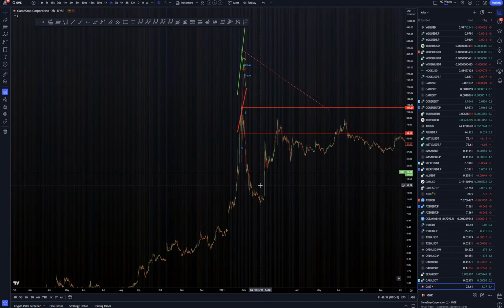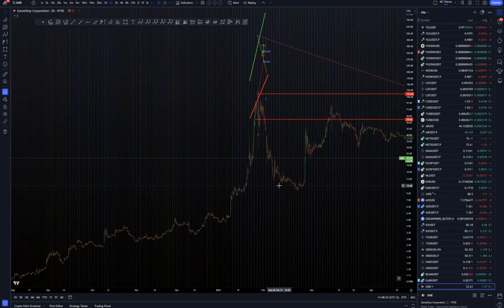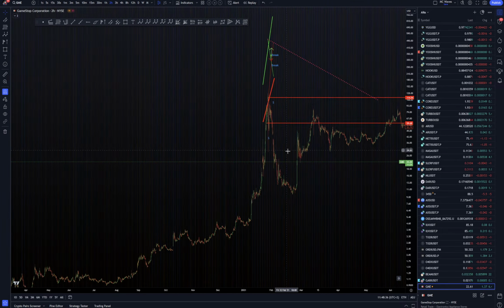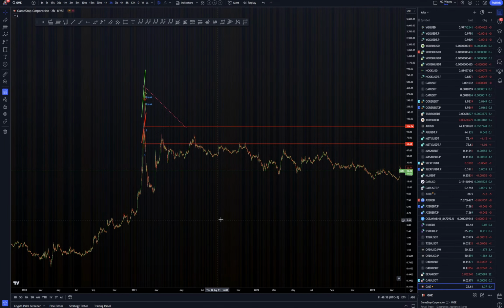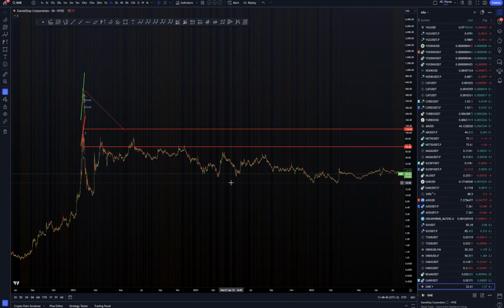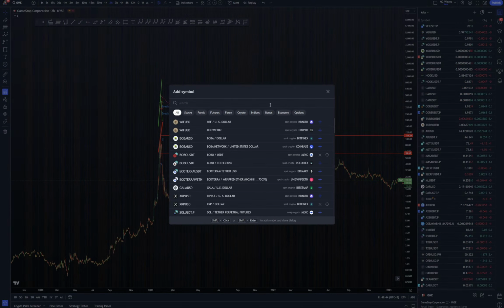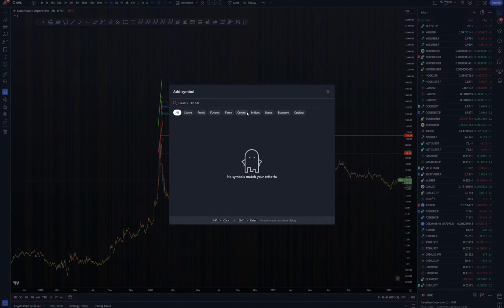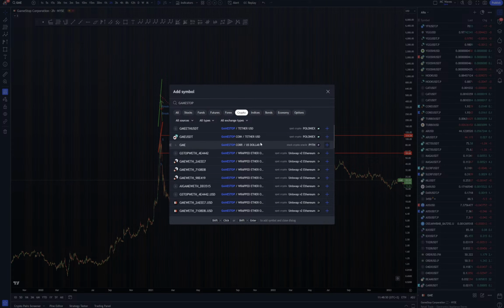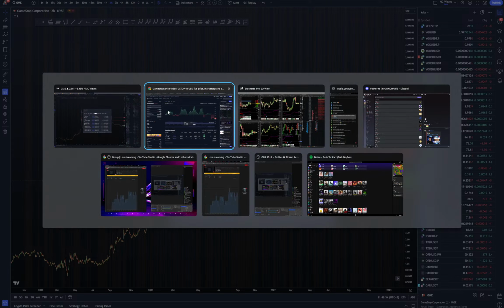Well, maybe they deleted the data from the pump and dump, I don't know. Because I remember there were some massive groups doing some pump and dumps on this. Anyway, so there is a crypto of this now. Nice. Okay.